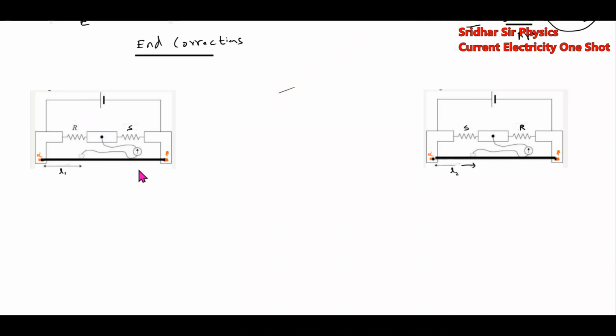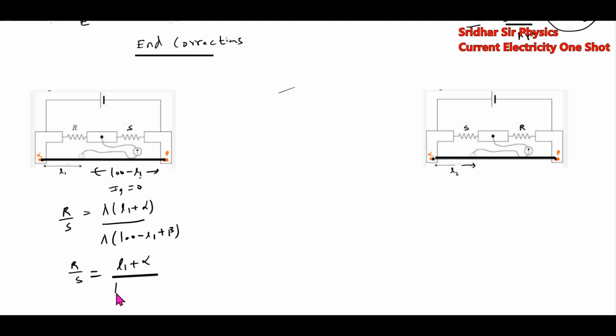The strict condition: the current through the galvanometer will be 0. This will be 100 minus L1. Then here R by S is equal to lambda (L1 plus alpha) equal to lambda (100 minus L1 plus beta). R by S is equal to (L1 plus alpha) by (100 minus L1 plus beta).